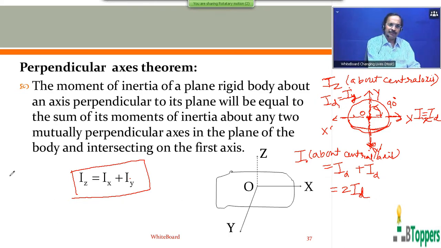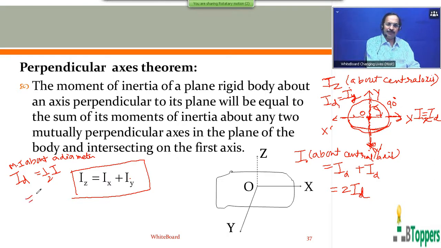Or you can say the moment of inertia of a circular disk about a diameter will be equal to half of its moment of inertia about the central axis of symmetry.